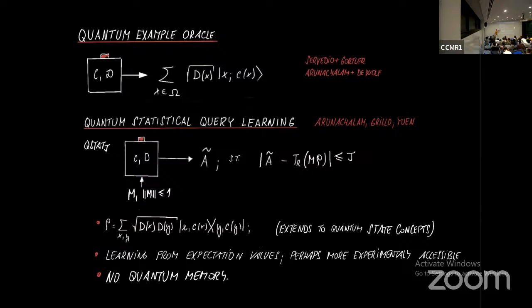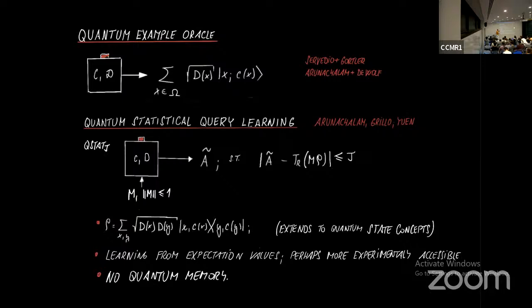So these are positive semi-definite matrices on your input. They are bounded in the operator norm, and the oracle has a big button. If you press the button, it gives you an approximation to the expectation value of your observable evaluated over the hidden concept.